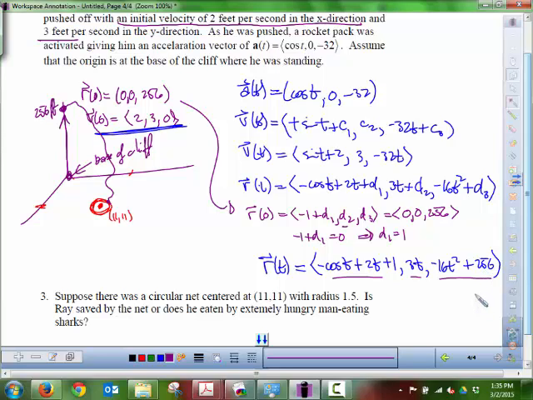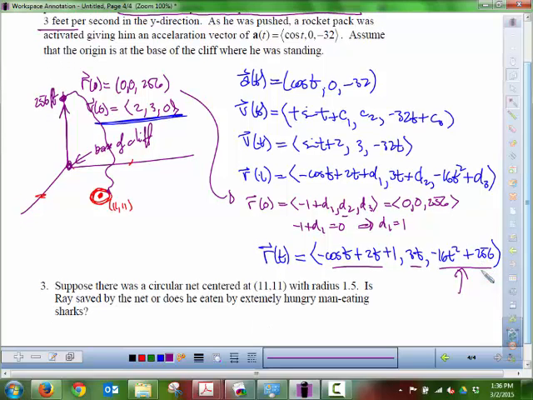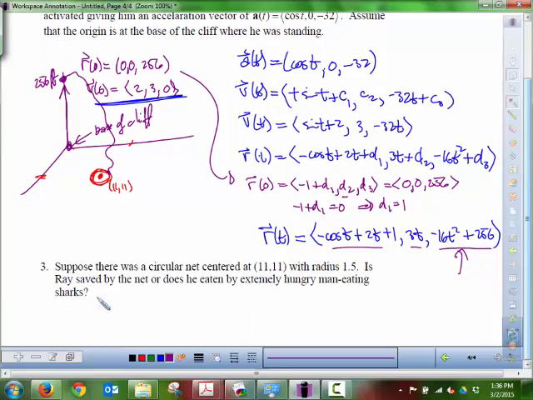But I think for this case, since there's only one unknown, we're going to have three equations. I'd be more interested in seeing what happens when the k component is 0. Right? Because that's when this person's going to land in the water. So let's set this equal to 0.